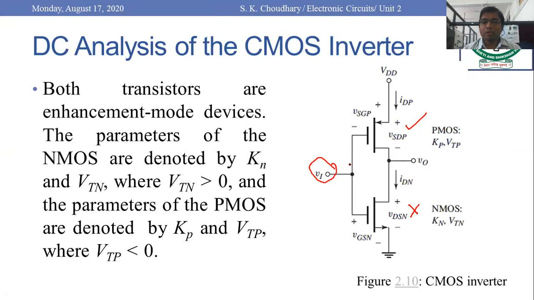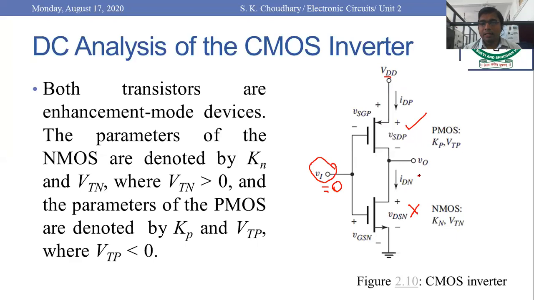So in this case, what happens? Vi is equal to 0. The voltage across source to gate of the PMOS is generally VDD minus Vi. Now Vi is 0, so it is equal to VDD. That's why the PMOS is conducting.